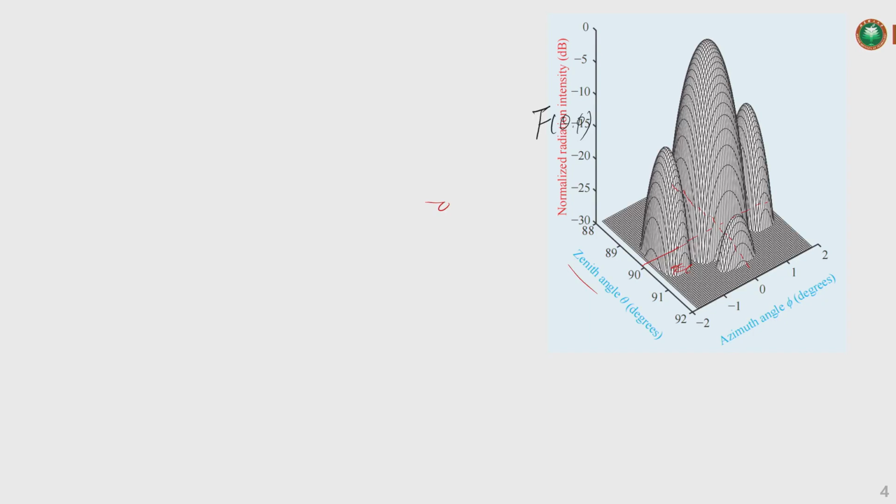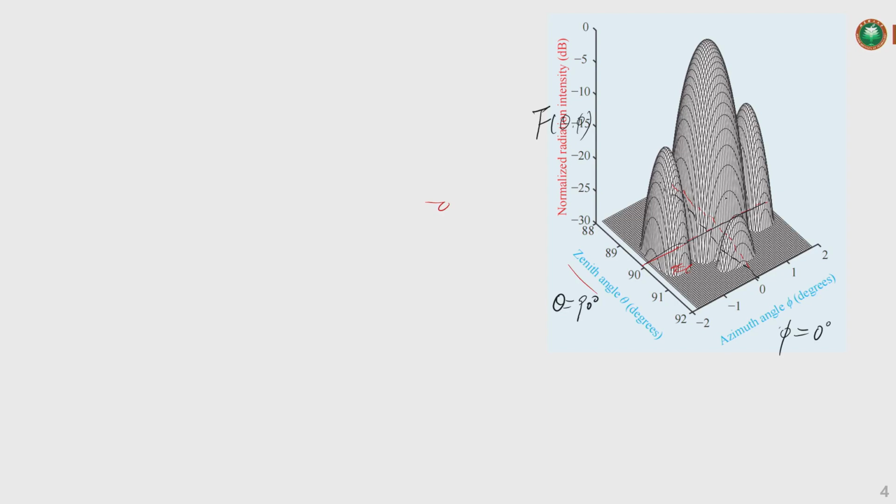So we just take, for example, the zenith angle theta, of course 90 degrees. Then we take the plot on this line, and we can get expressions. We can also set the azimuth angle phi equal to 0, so it's along this line.